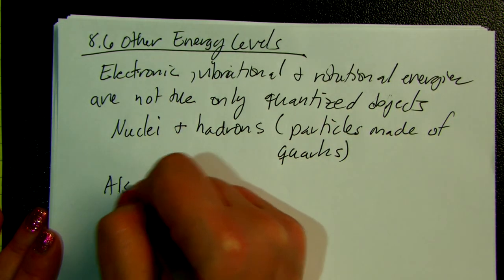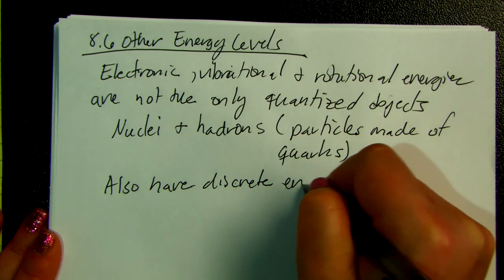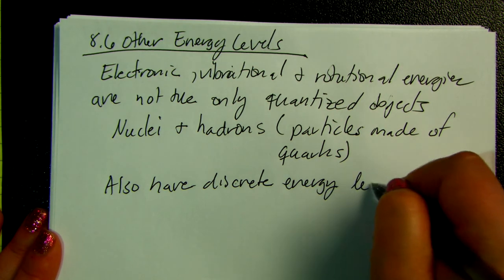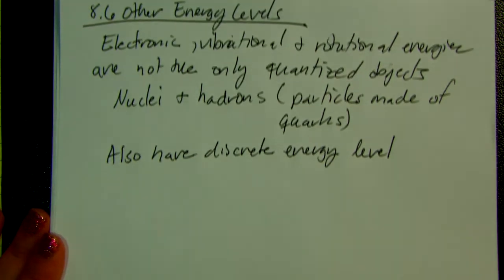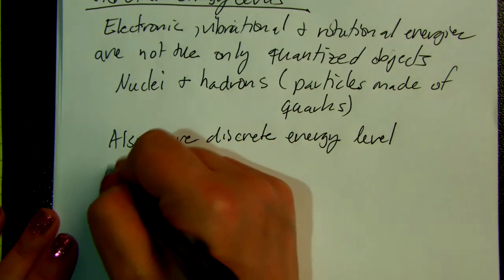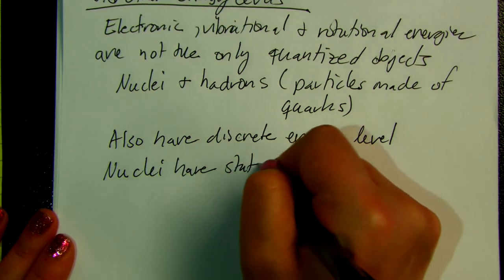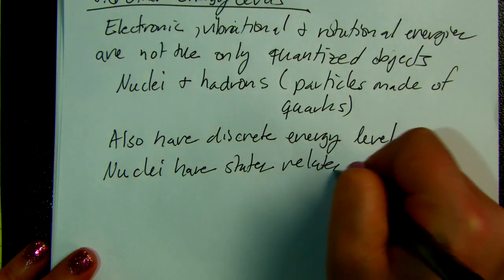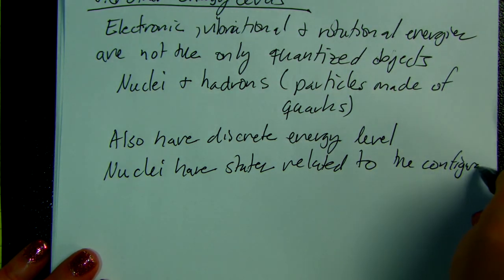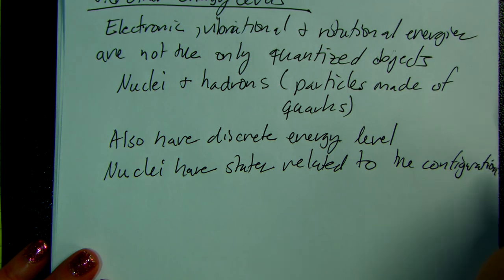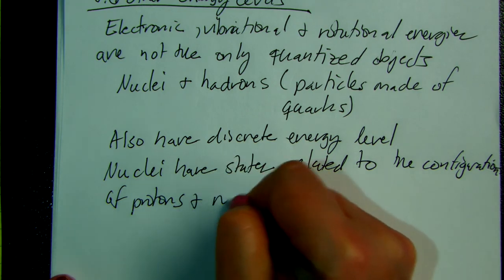They also have discrete energy levels. And if you're really interested in this, there is a rich field of particle physics that awaits you, and it's very exciting. So nuclei have states related to the configuration of protons and neutrons.